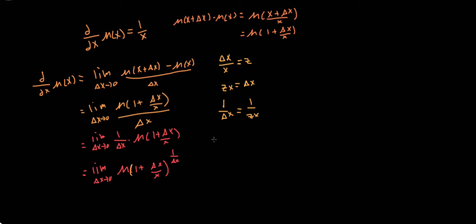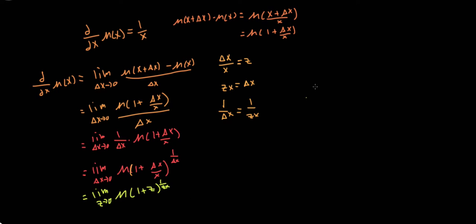So let's rewrite it. So now we have the limit as z approaches 0 of the natural log of 1 plus, well, this thing we said is equal to z, so 1 plus z to the power of 1 over zx.